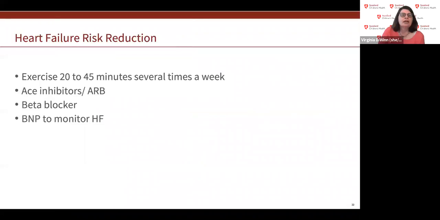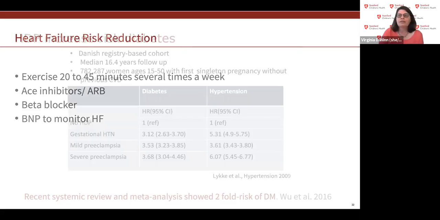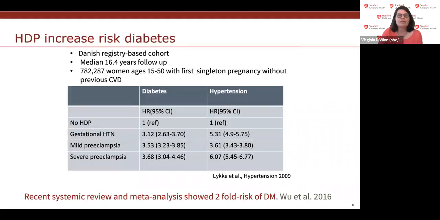And recommendations for reduction of heart failure risk is exercise, being on ACE inhibitors or ARB, beta blockers, and BNP to monitor heart failure. So again, really important that referral probably to a cardiologist or a primary care who is comfortable with this type of management.